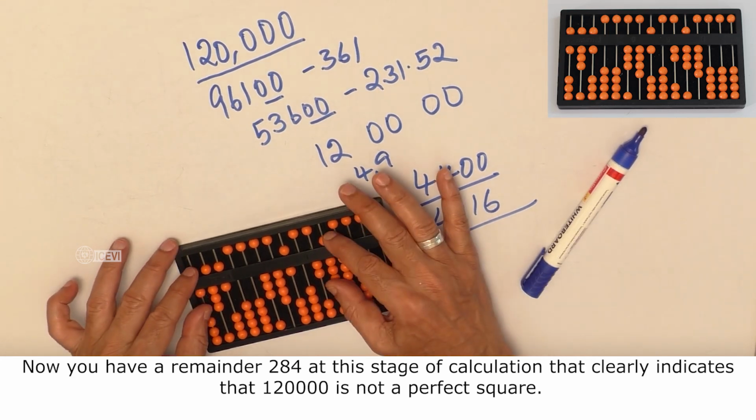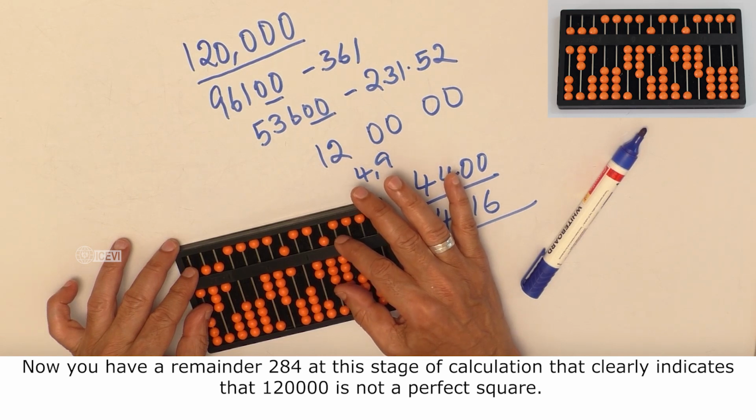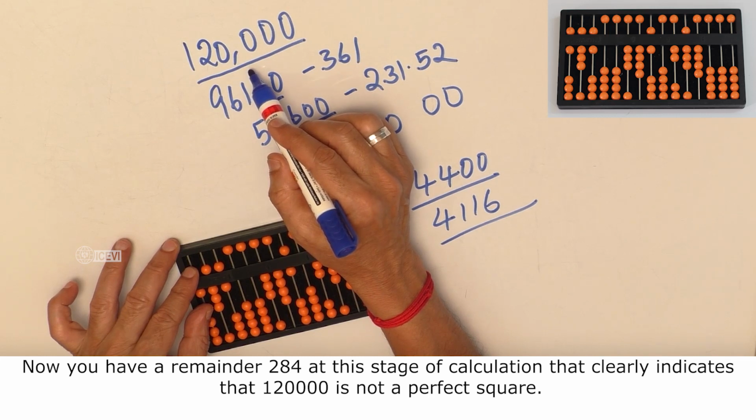Now you have a remainder 284 after this stage of calculation. That clearly indicates that 120,000 is not a perfect square.